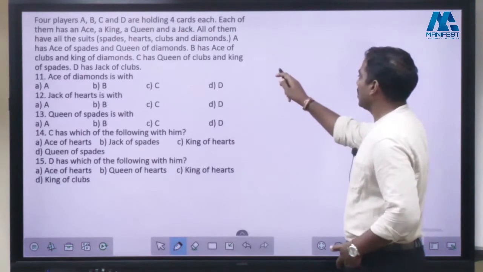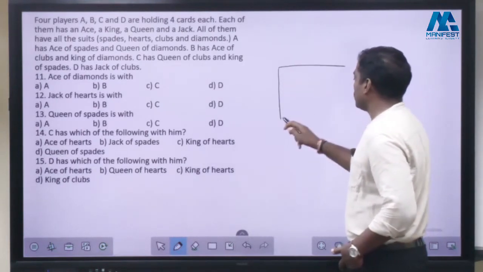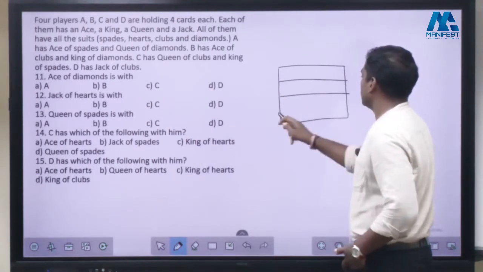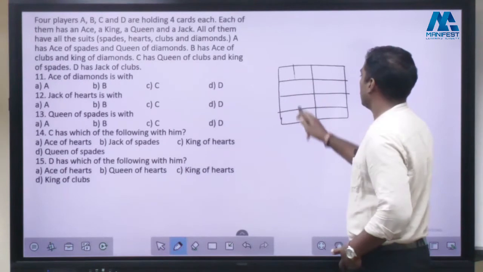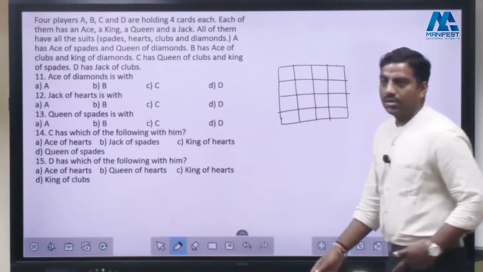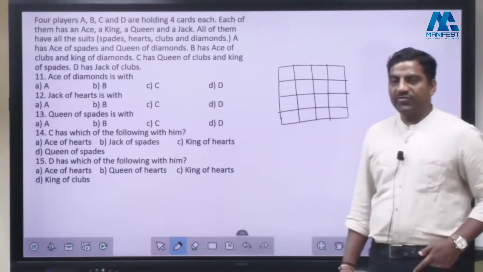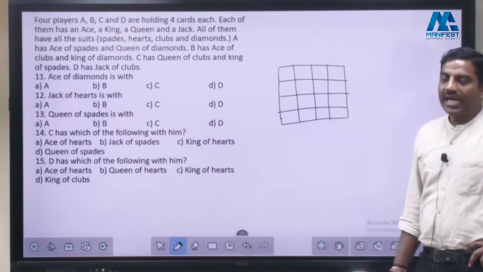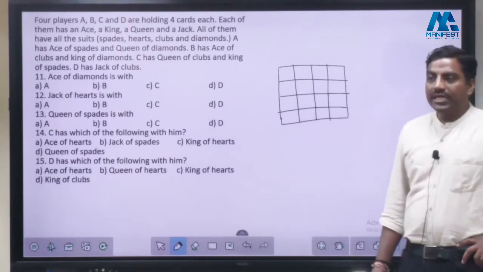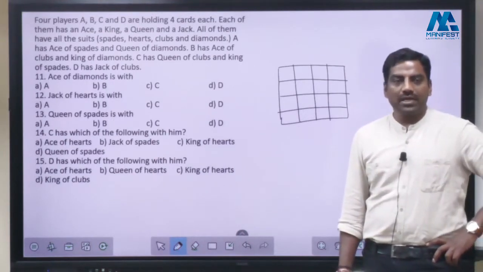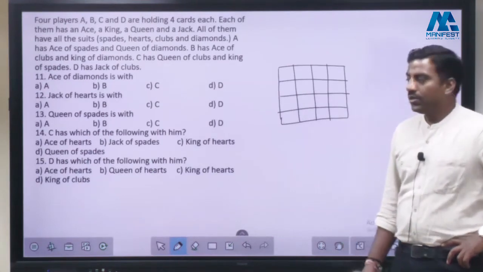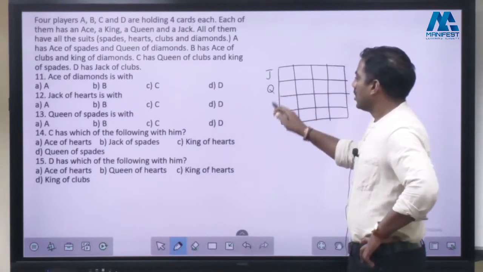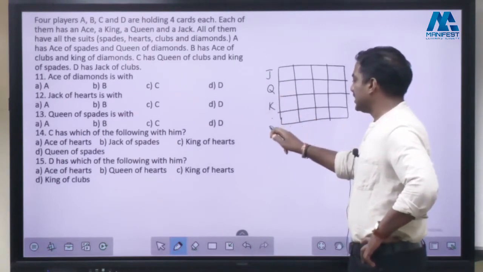So if you take all those 16 cards, there will be 4 different faces along with ace. So 4 into 4, 16. And in each, for example, in kings, we have all these 4: spade, club, diamond, and heart. So what I'll do, I'll start with jack, queen, king and ace here.